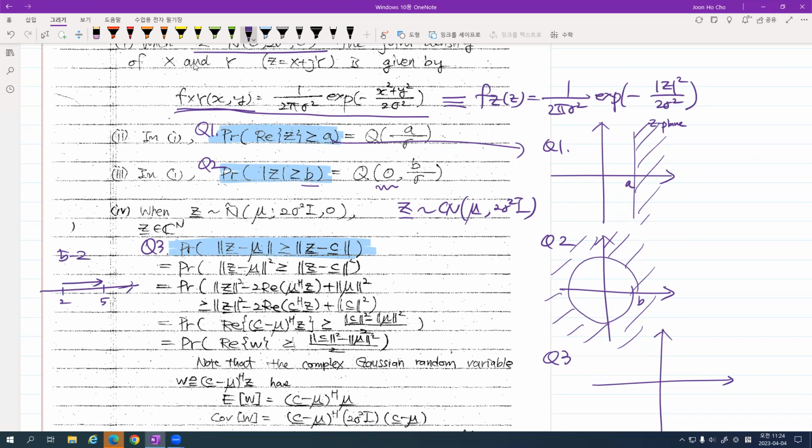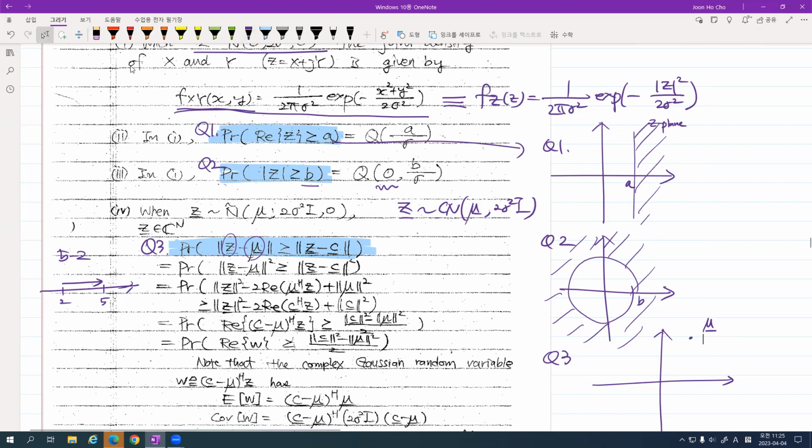This idea extends to the subtraction of vectors and of complex numbers. Here these are not only vectors, but also complex vectors. But the idea is the same.